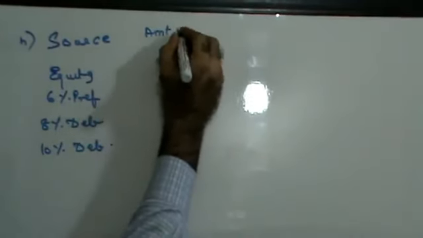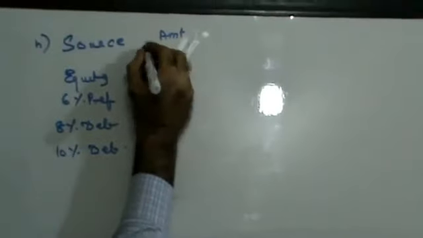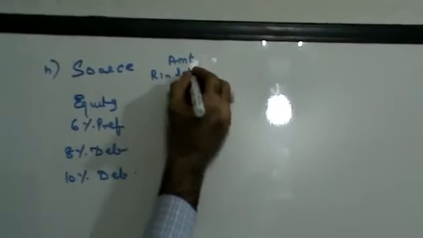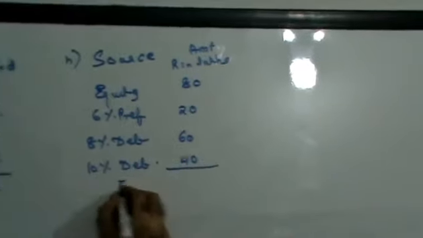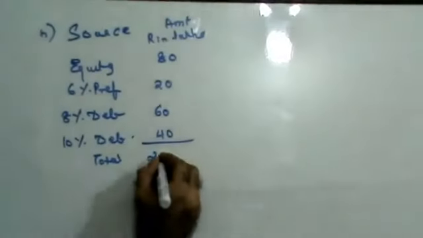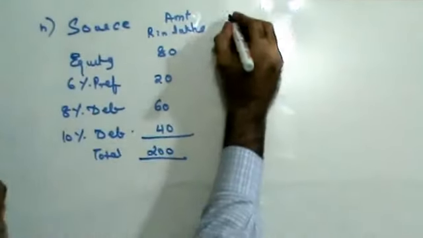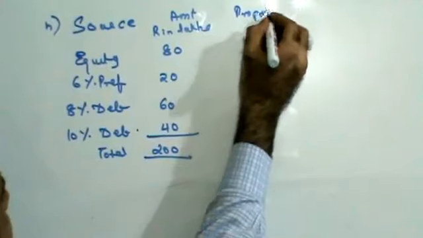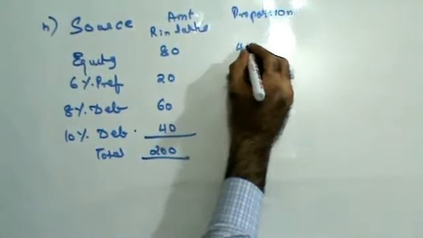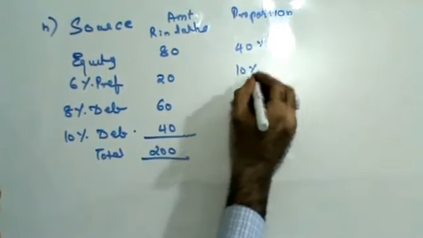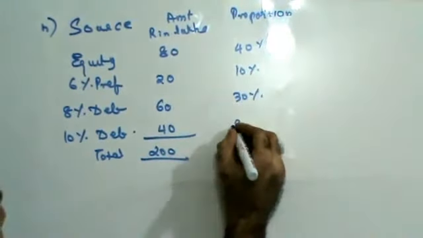Amount in rupees in lakhs. This is 80 lakhs, 20 lakhs, 60 lakhs, 40 lakhs. Total is 200 lakhs. Find out the proportion. Proportion, this is going to be 40%, 10%, 30%, 20%.